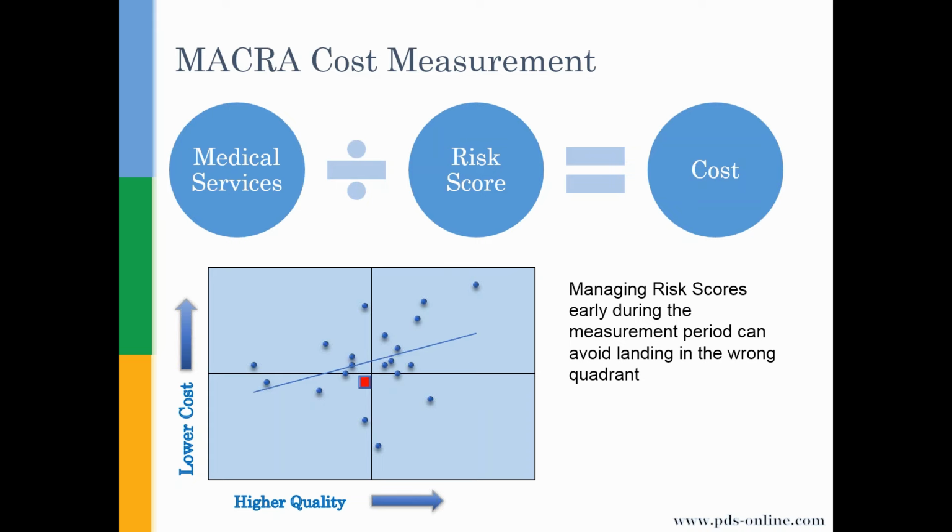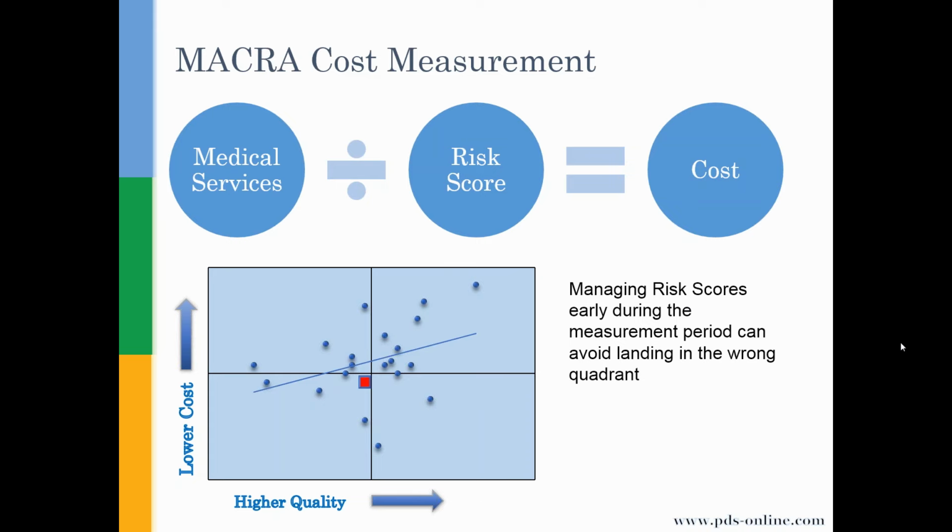Correspondingly, if the patients are healthy and only need preventive care, are we providing the right amount of preventive care to keep their costs down? If you are falling where that red dot is at year end, you know that you are in trouble, because that puts you in the lower left quadrant, which is where the highest cost and lowest quality providers or physician practices are residing.